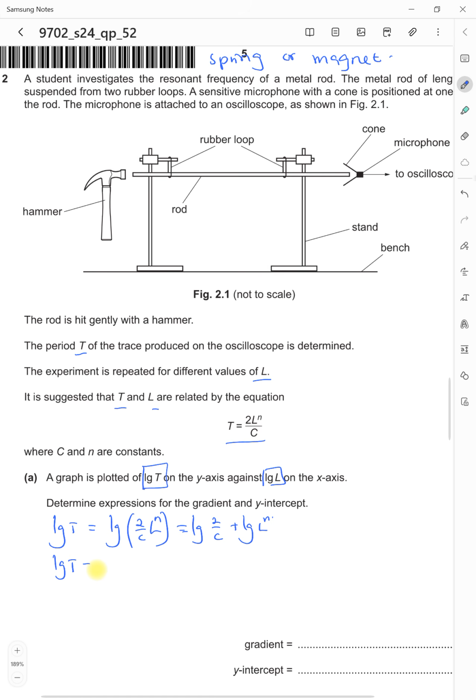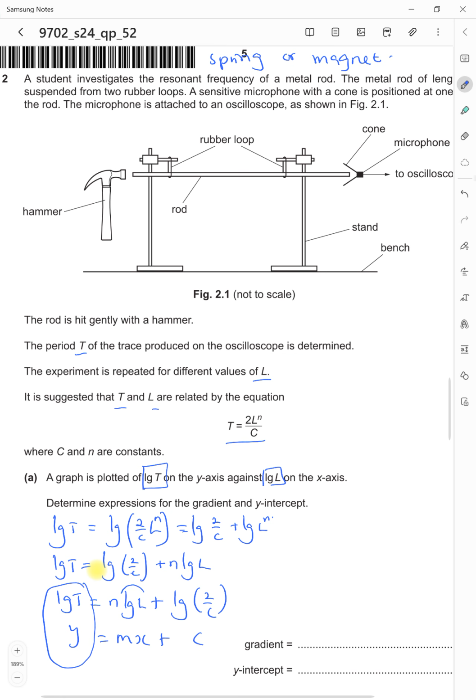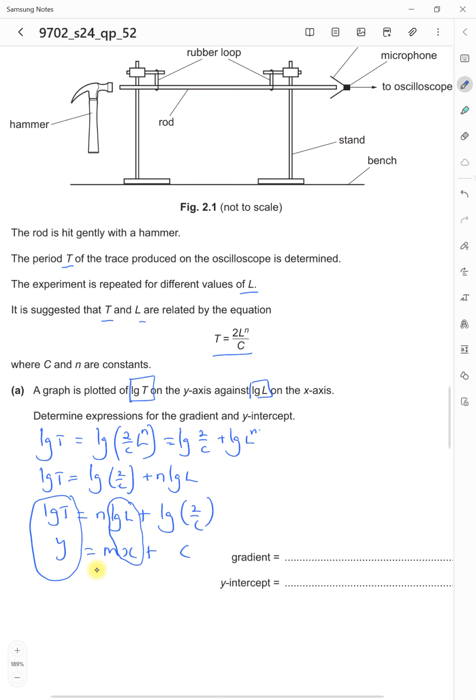Therefore, log of T is equal to log of 2 over C plus n log of L. So when you rearrange, you have log of T equals n log of L plus log of 2 divided by C. When you compare this with y equals mx plus c, on the y-axis you have log of T, on the x-axis you have log of L. So the gradient is equal to n. The y-intercept is log of 2 divided by C.